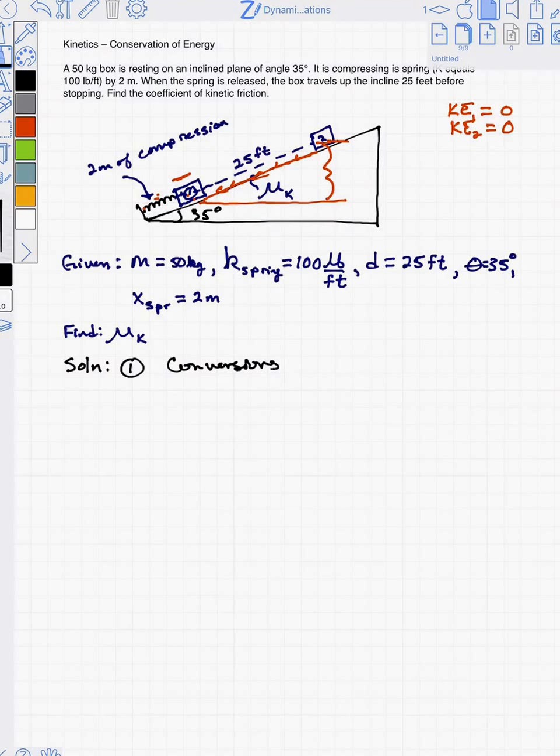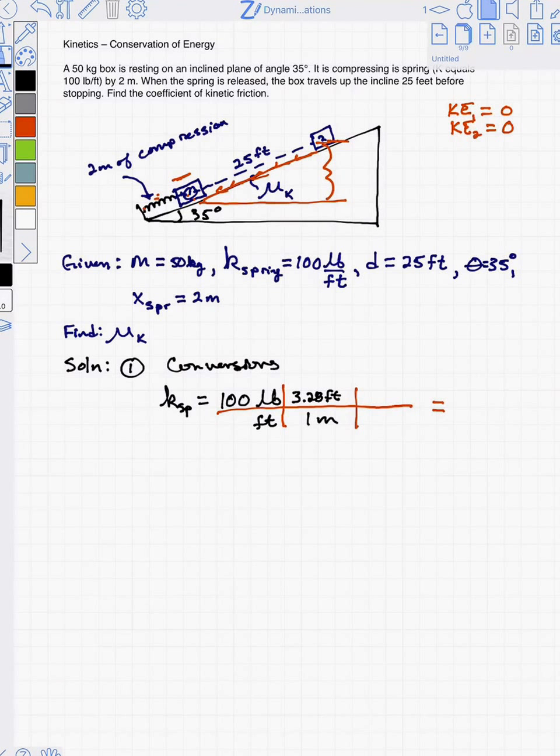The mass is already in kilograms, that's good. This spring constant is in pounds per foot, so let's convert 100 pounds per foot to newtons per meter. And it is 3.28 feet in 1 meter.